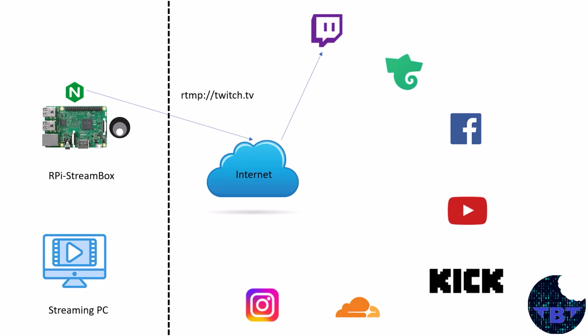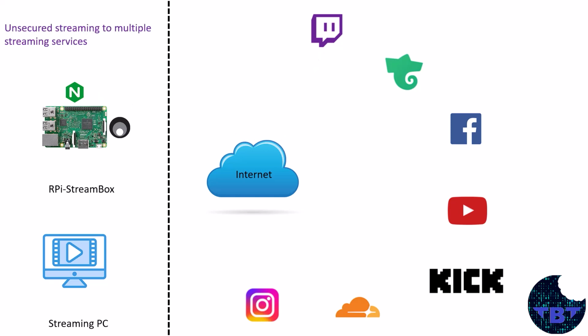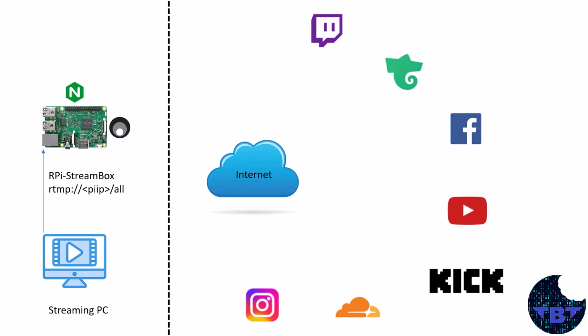where then people can watch our stream. Now, we can also do an unsecured stream to multiple streaming services if we configure them in the application. So let's say for this case, we're going to stream to 3 services, but it's going to be when we select the option all. So when we start streaming, we make sure that our streaming computer points to the Pi IP but saying /all.